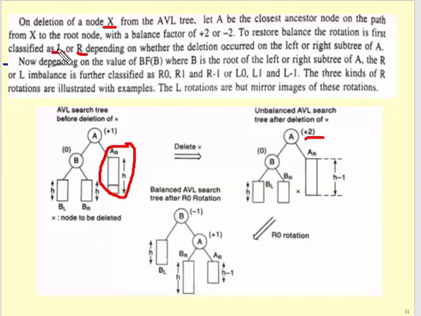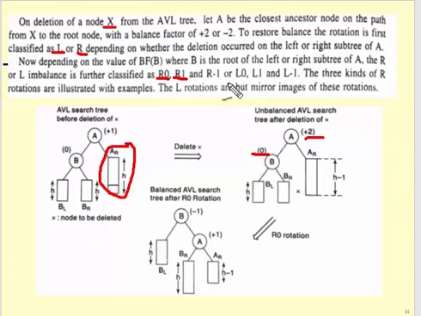Now it is on the right side, so it is called R rotation. Next, while going up, you need to check which node has a balancing factor of +2 or -2. Now this node has a balancing factor of +2. Go to the left child of that. This is the left child B. Now find out the balancing factor of this. If the balancing factor of this is 0, this is called R0 rotation. If it is 1, it is called R1.